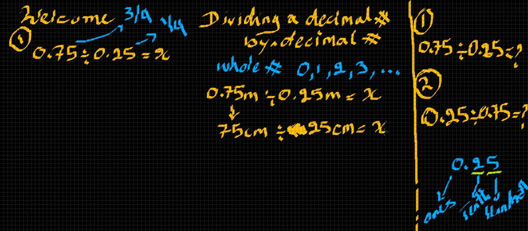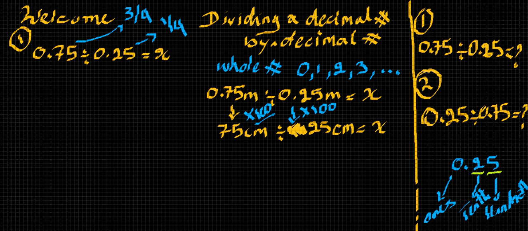Okay. Now, what did we do over here that was different? Like, what did we do to get to 75? Well, we basically multiplied the top by 100. And then we did the same thing to 0.25, and we got 25 centimeters.